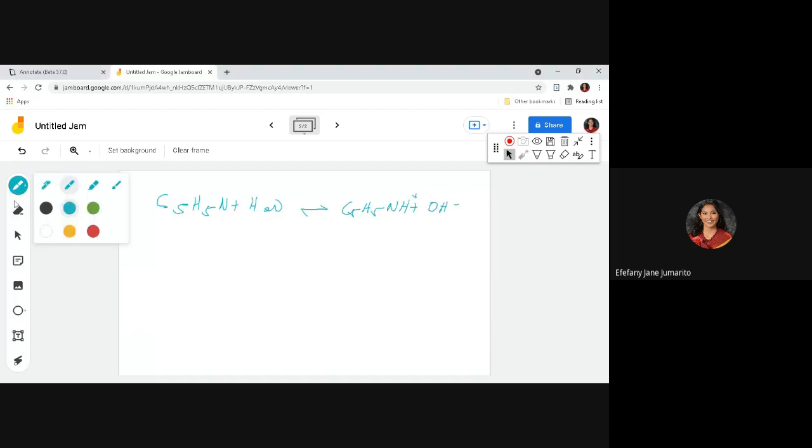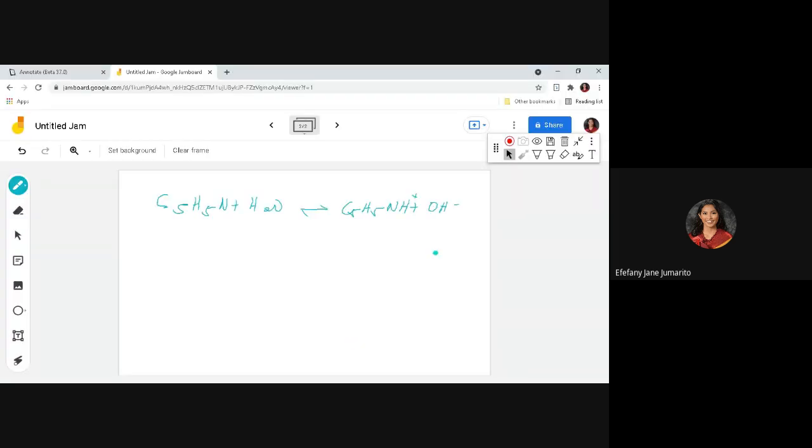Because this is a reverse reaction, when we determine the conjugate acid and the conjugate base, we will get the product of this reaction. So if we identify OH as your acid, then if OH is an acid, what will be the product?